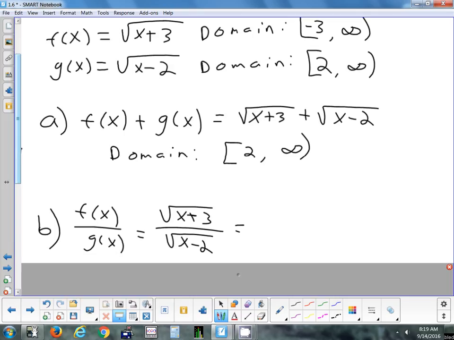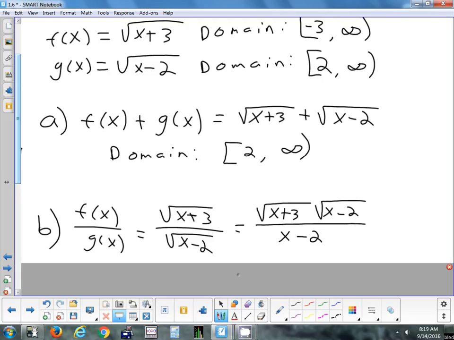Can somebody tell me what I would multiply top and bottom by to do that? Yep, the square root of x minus 2. So that's square root x plus 3 times square root x minus 2, all over x minus 2.